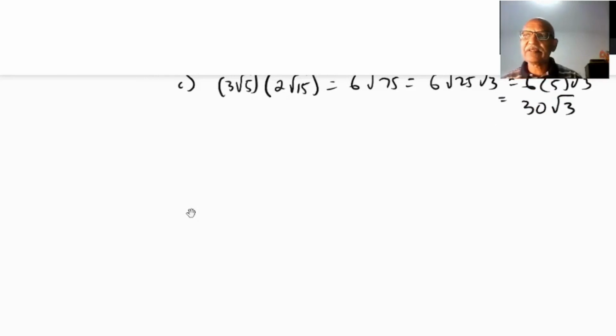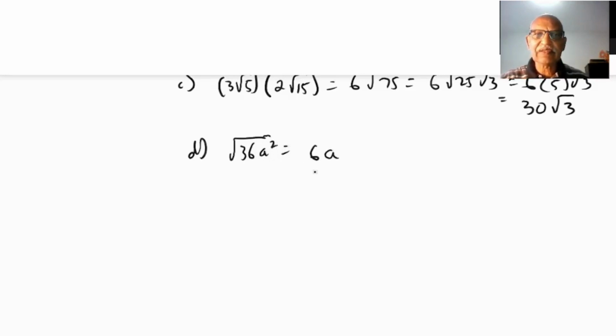Okay, let's do the last part. Simplify here now. The square root of 36a squared. This is multiplication, so square root of 36 is 6. Square root of a squared is always a, half of the exponent.